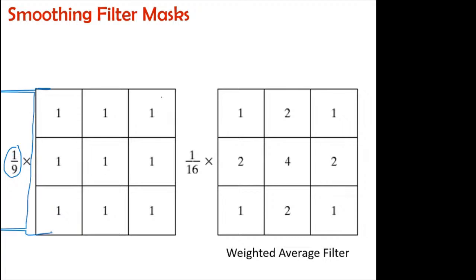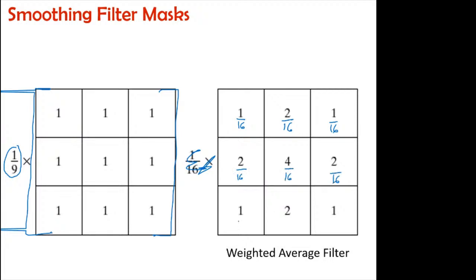So this is as good as the previous 1 by 9, 1 by 9, 1 by 9. Look at this mask: 1 by 16 multiplied by this. So you understand what is the meaning. You understand that? Okay?